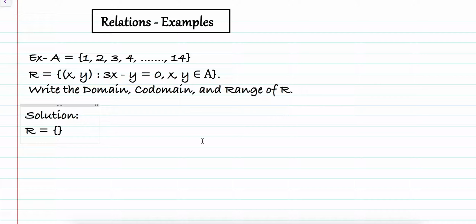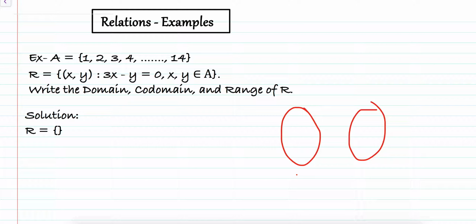So R is defined from A to A itself. So all the first elements here should be elements of A, and the second elements should also be elements of A. So we will start taking examples.